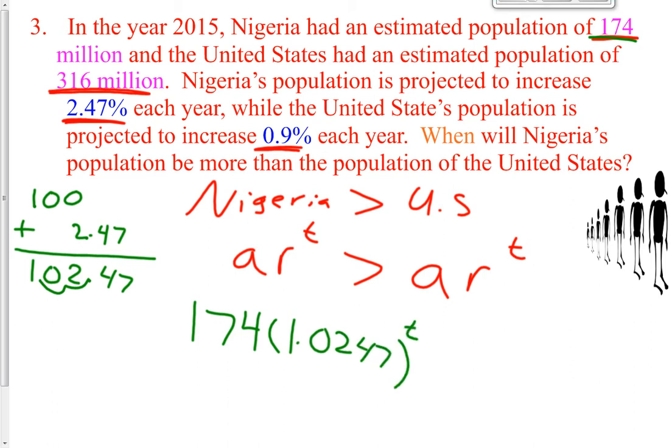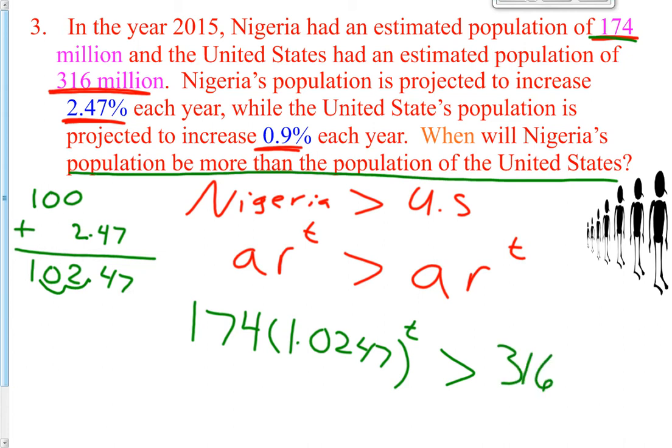I want to find when Nigeria's population will be more than the population of the United States, so I want to find time t. So there's Nigeria's information, and then it's going to be greater than the United States'. The United States' initial amount is 316 million, multiplied by the rate, which is 0.9%.